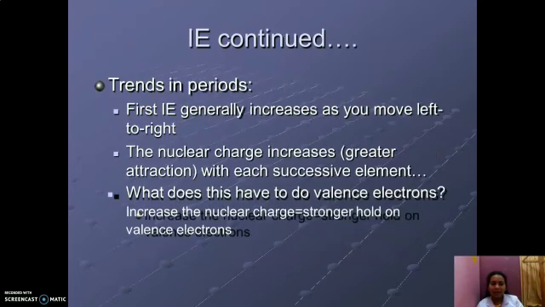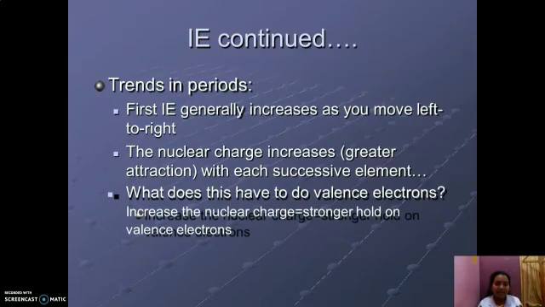So what will happen in a period? Along a period, atomic size decreases because the number of protons and electrons increases. The effective nuclear charge on the electrons increases because there is no addition of extra shells; all electrons are added in the same shell.